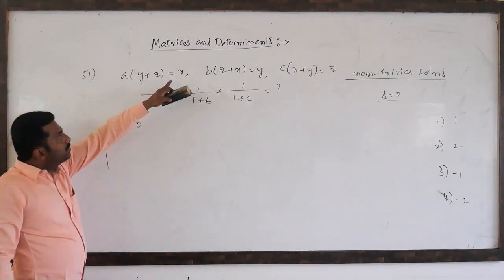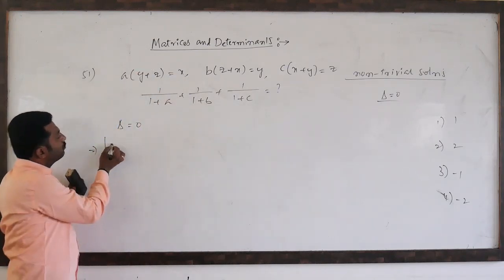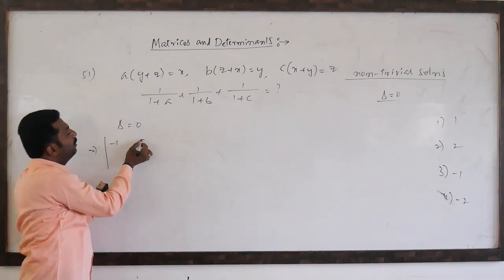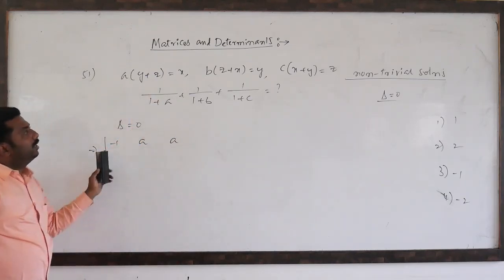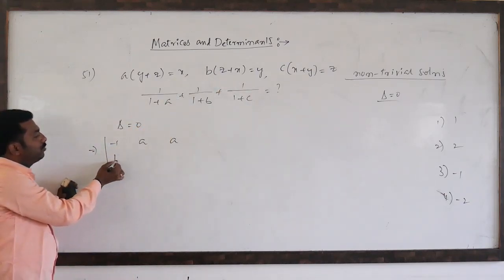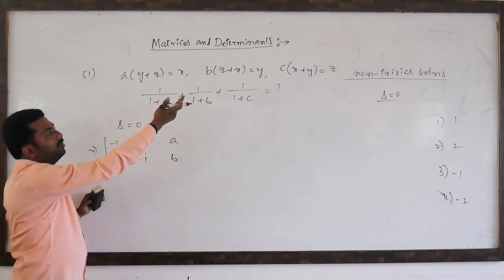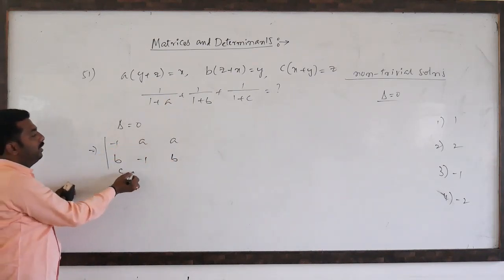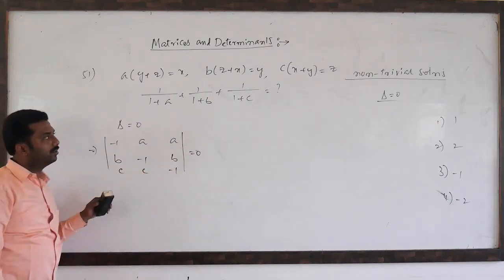Suppose x, if I take to the left side: minus 1, y coefficient a, z coefficient a. Next, y if you take to the left side, x coefficient b, minus 1, b. Z if you take to the left side, c, c, minus 1, equal to 0.